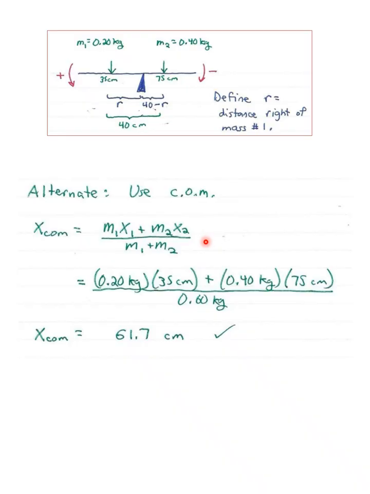We do the first mass times its position at the 35 centimeter mark, plus the second mass times its position at the 75 centimeter mark, divided by the sum of the masses, 0.6 kilograms, and we get that the center of mass is at 61.7 centimeters, and that's where we need to put the fulcrum.